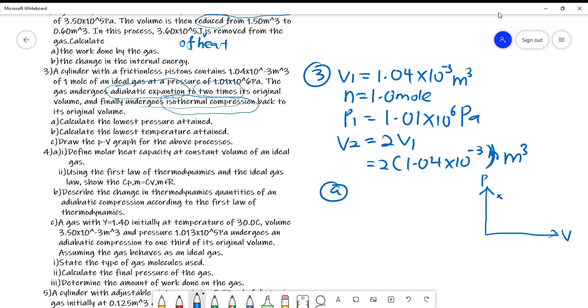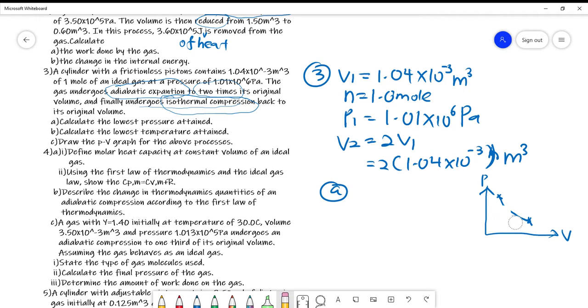So what we have here is the adiabatic expansion. So this will be our second point. For the second process, the isothermal process, it is less steep than the adiabatic curve. So the pressure does not necessarily return to its original pressure.